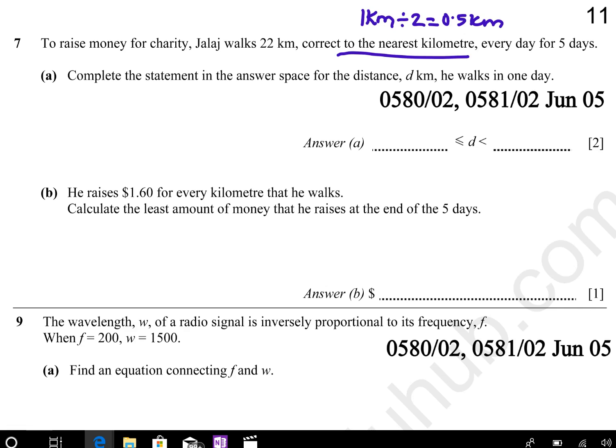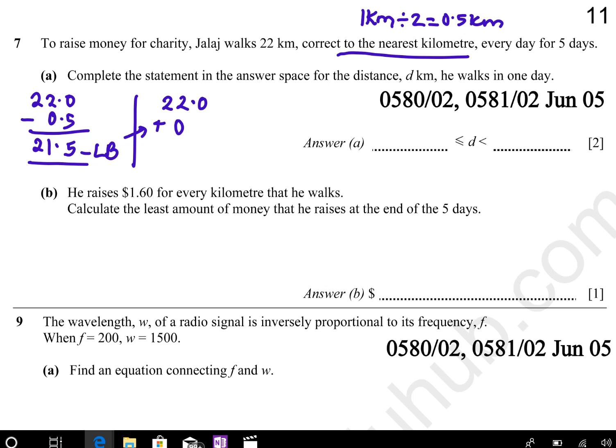The lower bound is going to be 22 minus 0.5 and the upper bound is going to be 22 plus 0.5. So 22 minus 0.5 gives you 21.5, which is the lower bound, and 22 plus 0.5 is your upper bound.